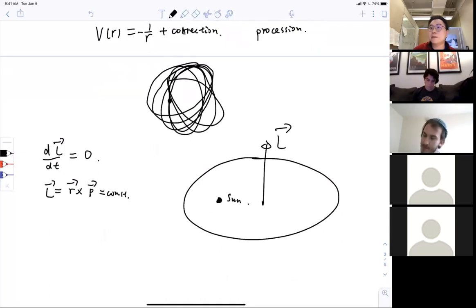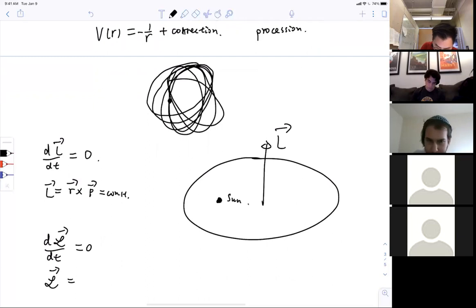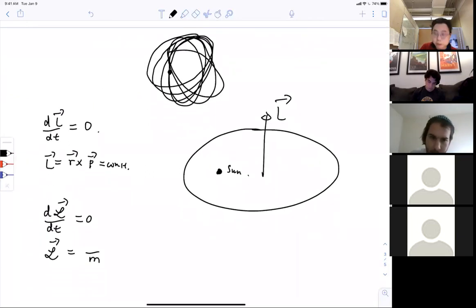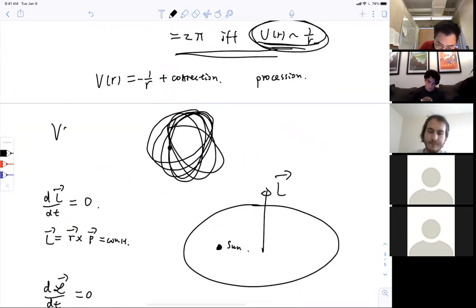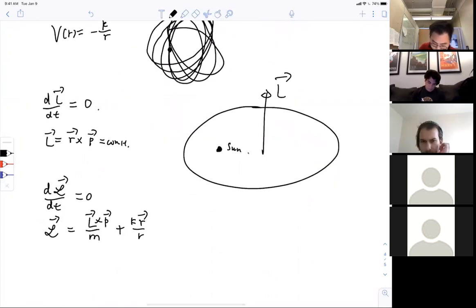It turns out there's another conserved quantity. Let's call it curly L. This is also conserved, and it has this form. Let's assume the potential is k over r, with a k factor here.